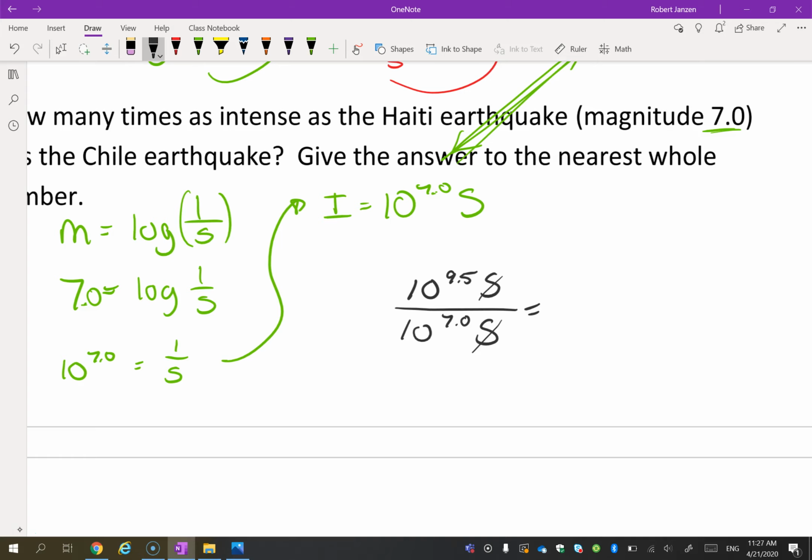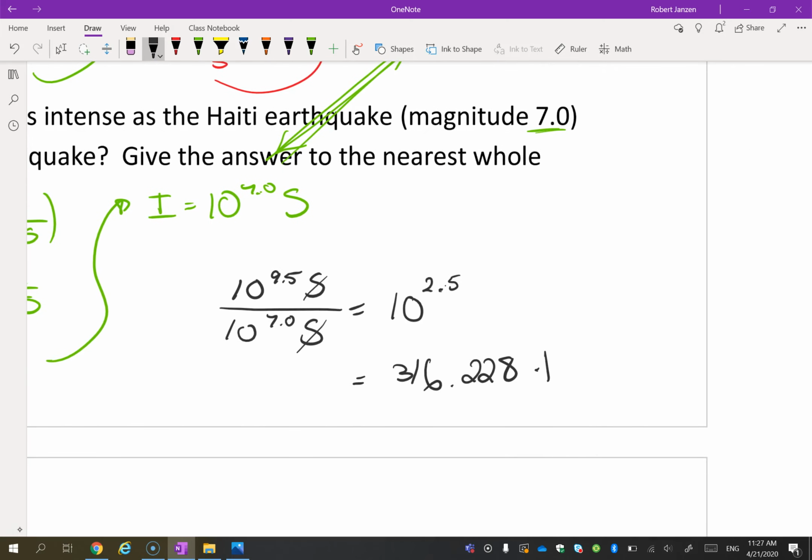And then what do we do with these exponents? If we subtract 9.5, take away 7, you end up with 10 to the 2.5. 10 to the power of 2.5 is 316.228. This means that the Chile earthquake was 316 times as intense as the Haiti earthquake.